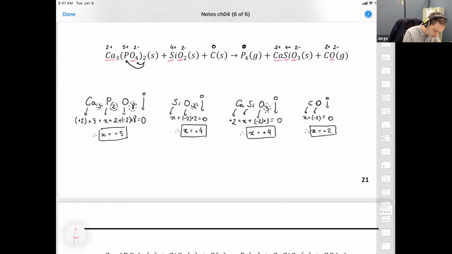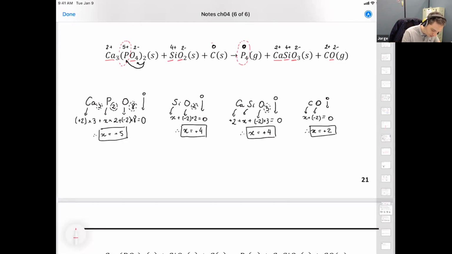However, when you look at phosphorus, the oxidation number initially for the atom was 5 plus. However, at the end of the reaction, look what happened with the oxidation number of phosphorus. It became 0. So we have a change from 5 plus all the way to 0.